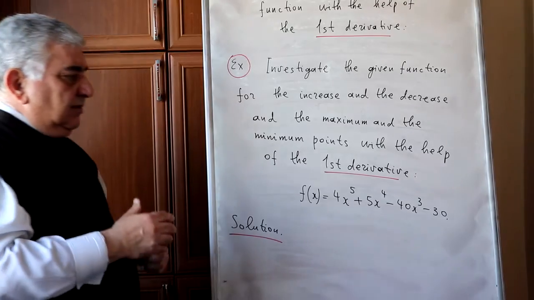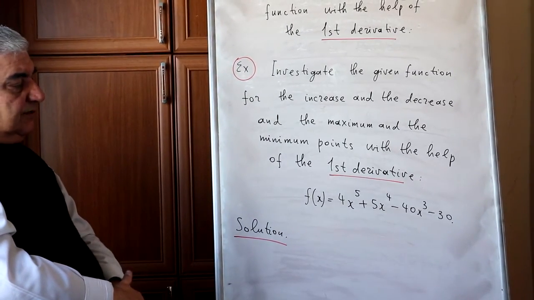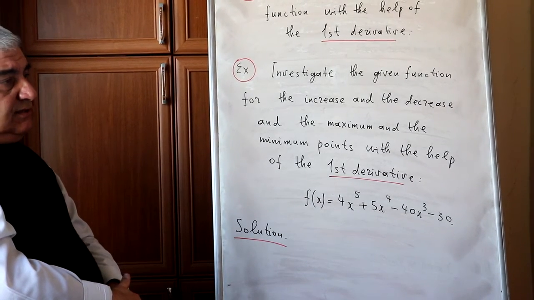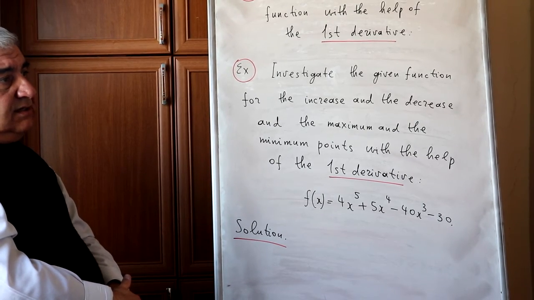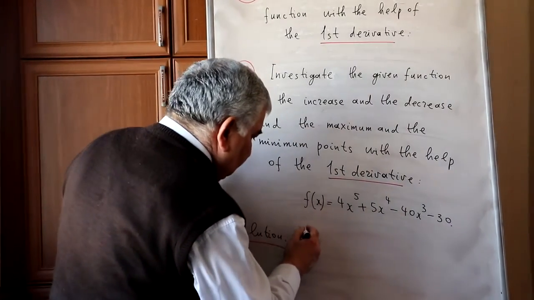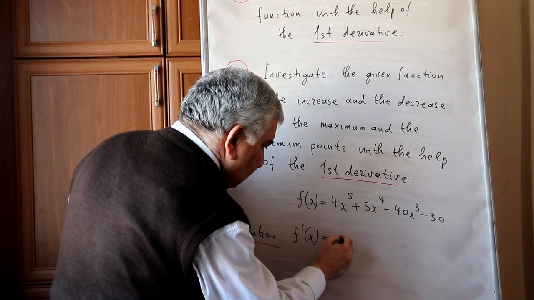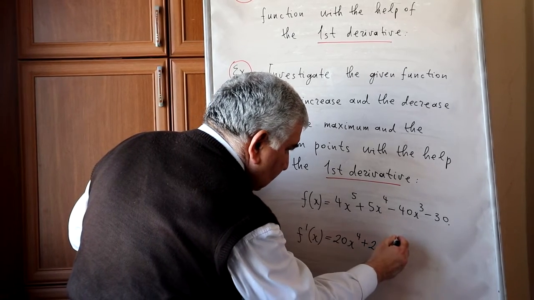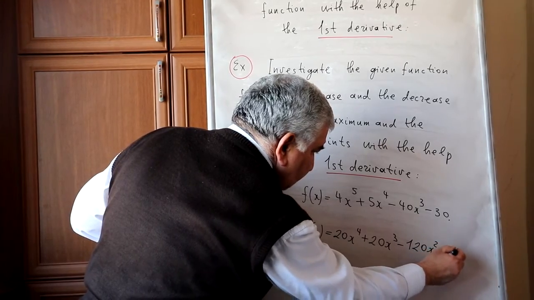First find the derivative of the given function, and then equalize the expression of derivative to 0, and thereby we can find the critical points themselves. F prime of x is 20x to the 4 plus 20x cubed minus 120x squared is equal to 0.